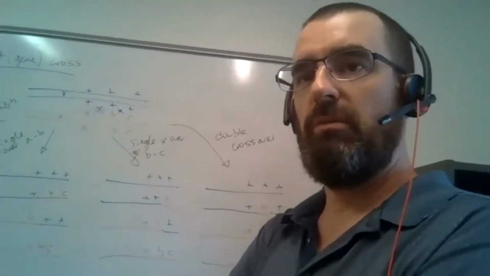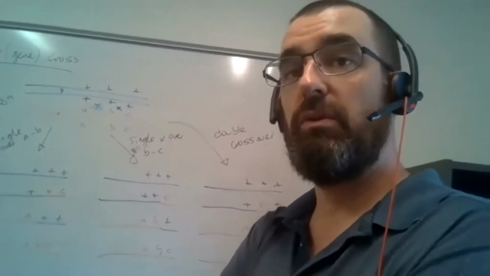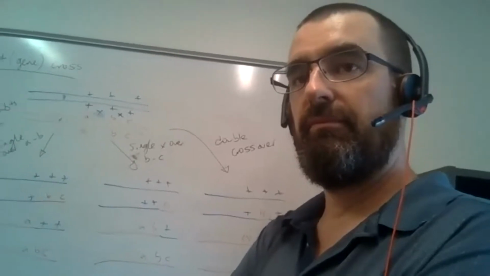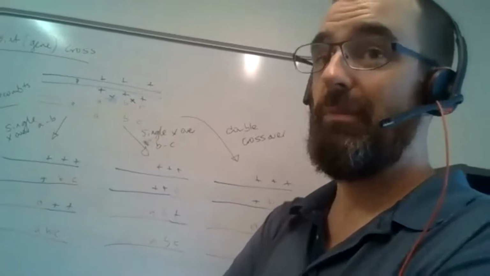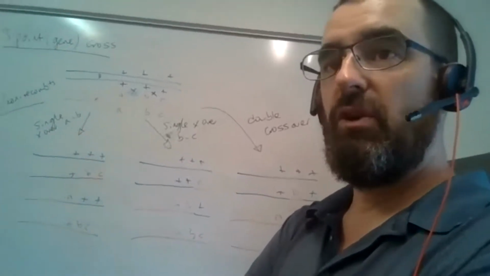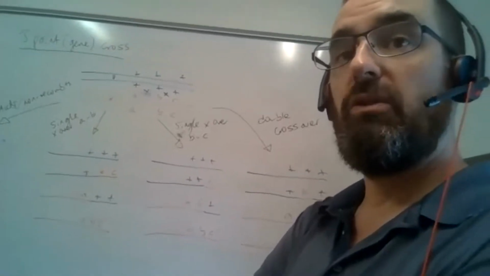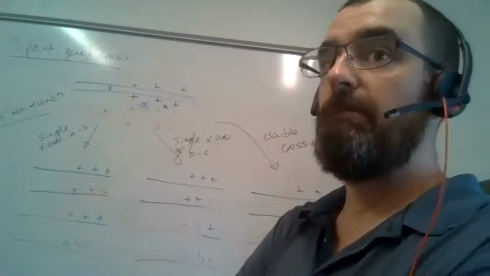So 50% probability. What's the probability of getting 2 heads if you flip a coin twice? It's going to be a half times a half, it's a quarter, so it's going to be less, right? So double crossover events are always the rarest.